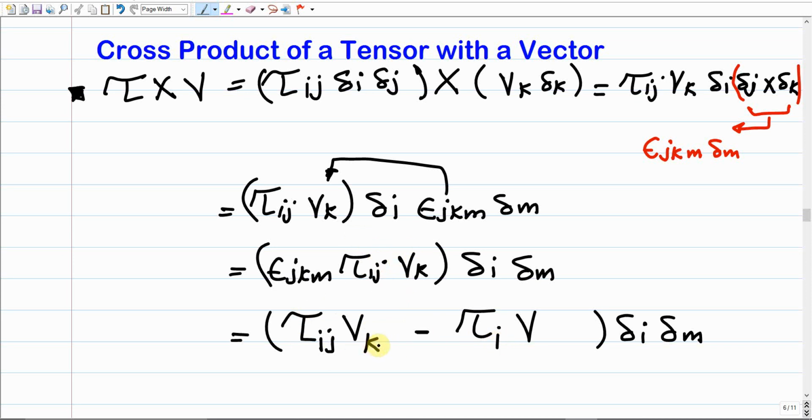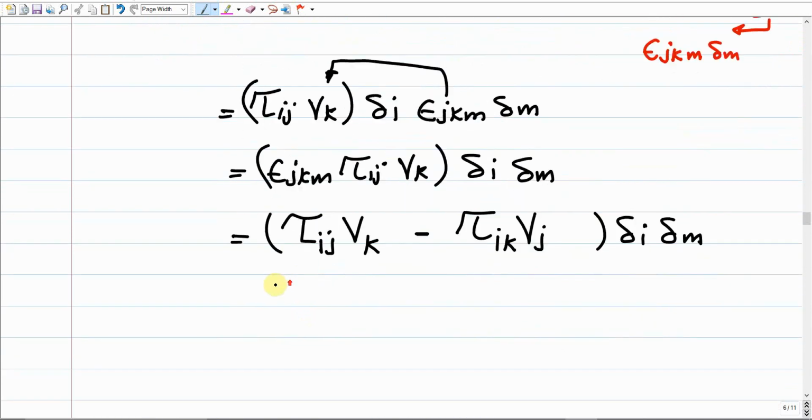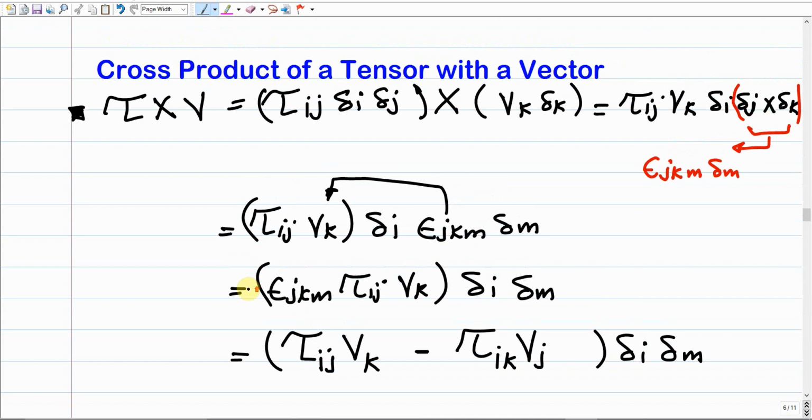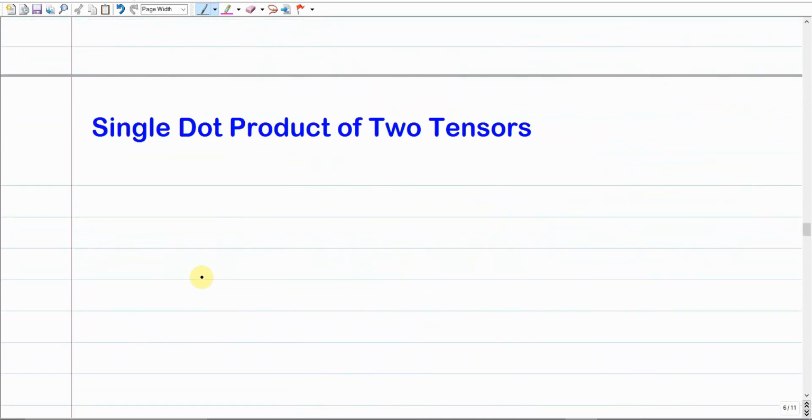Then I'm going to switch positions, so instead of having j here, I'm going to use the k here and the j with the v. So this is another expanded form, in case we decided to get rid of the epsilon that is given up there. Make sense? So this is for the cross product of a tensor with a vector.